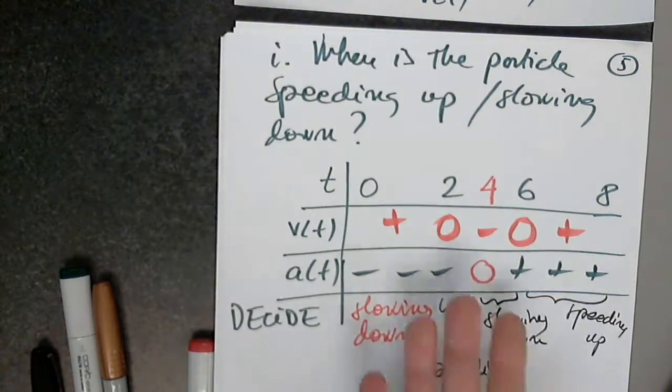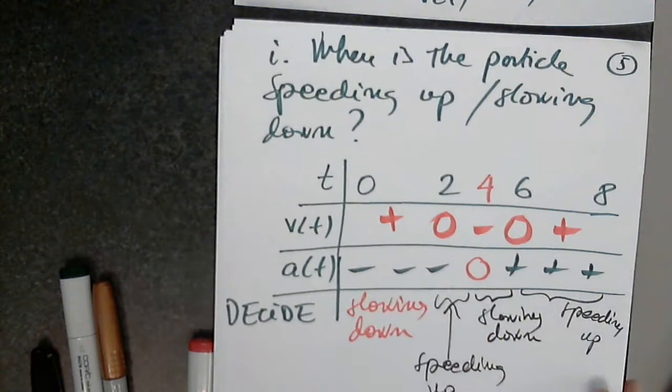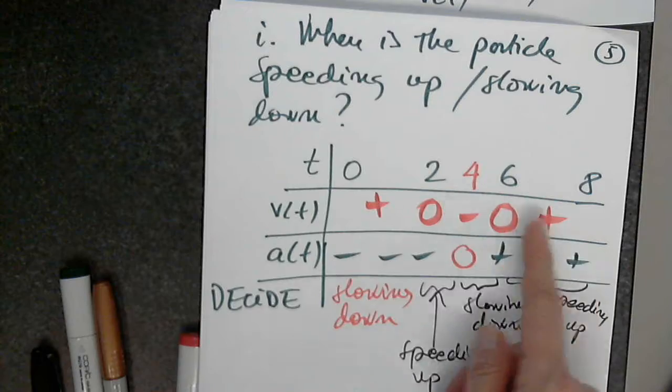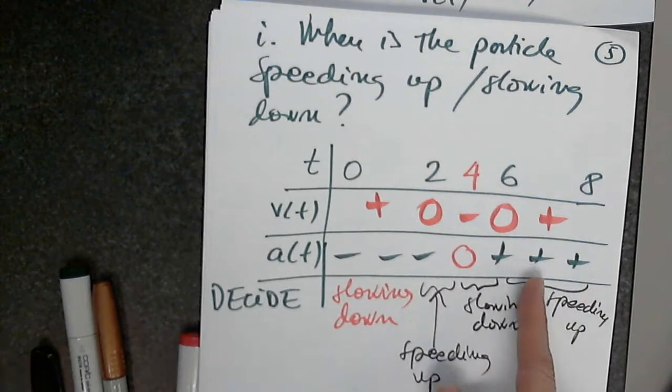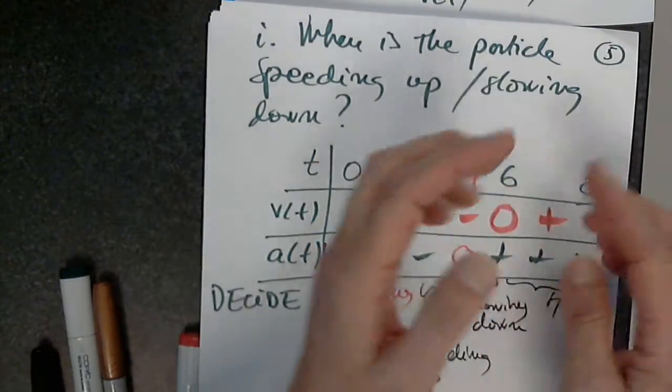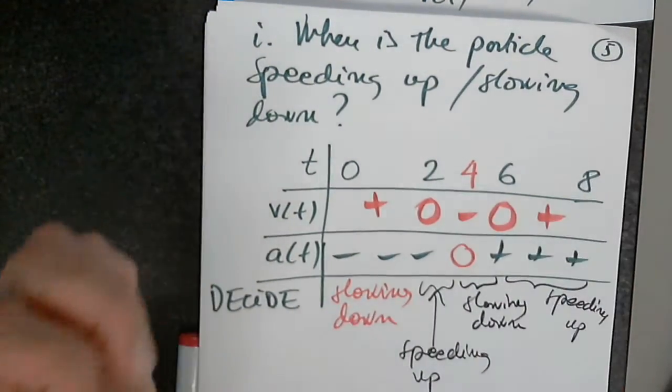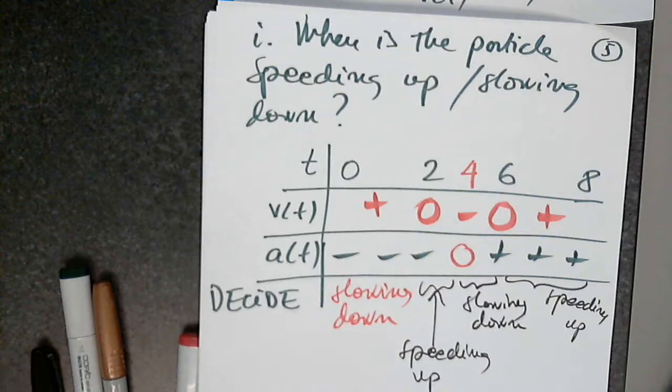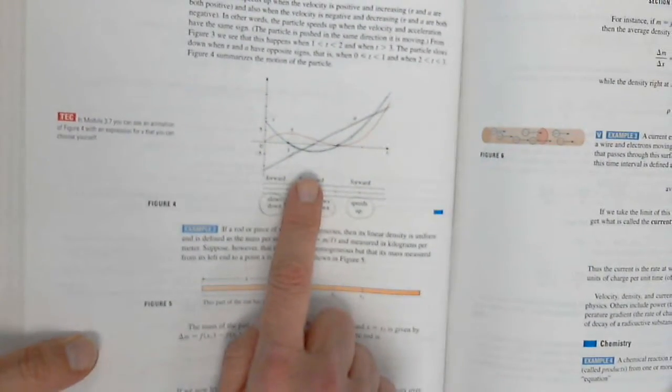I think it's much easier to see the chart where the velocity changes signs or is positive or negative, and the acceleration is positive or negative. And it's easier to see what happens in these 1, 2, 3, 4 subintervals. But I do like their graph, which we're going to do in a second.